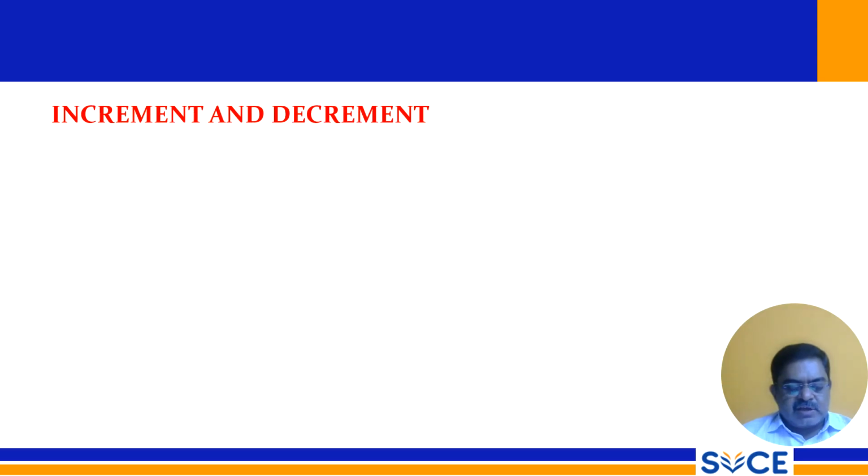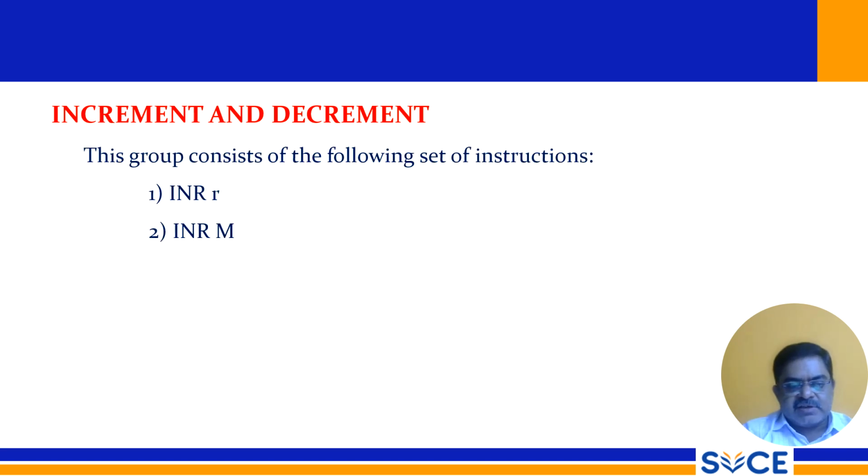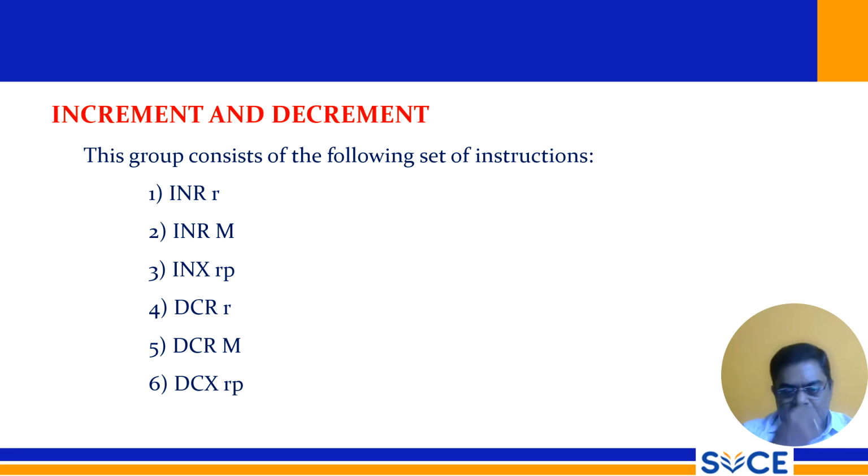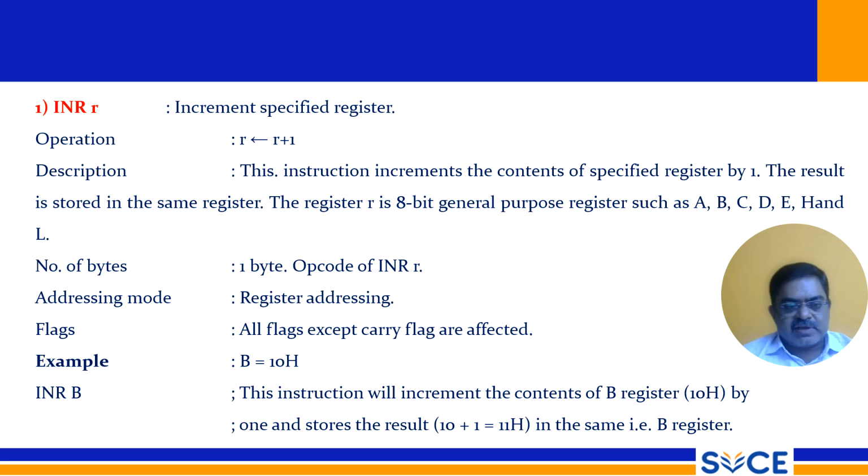Next is increment and decrement. We will discuss increment, and decrement is the same as increment. There are 3 increment instructions and 3 decrement instructions. We will discuss the increment instructions first, and you can go through the material for decrement. First one is INR R, increment specified register.